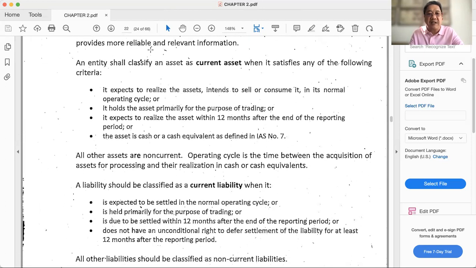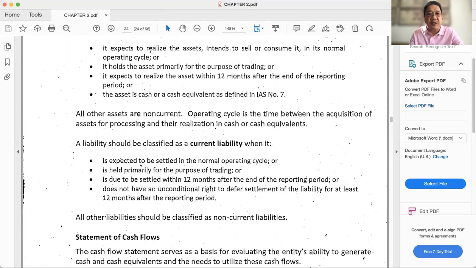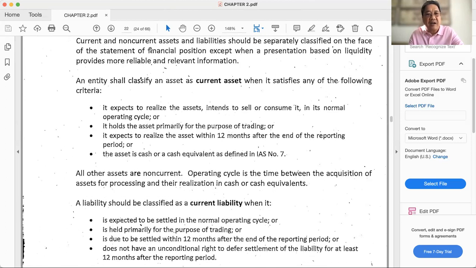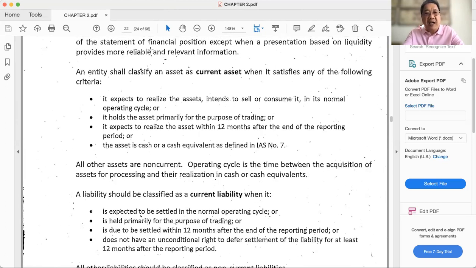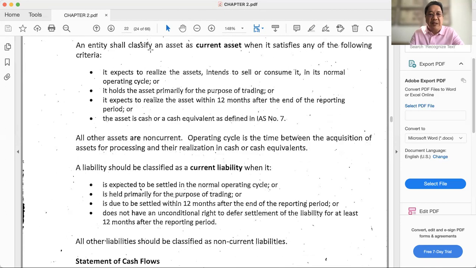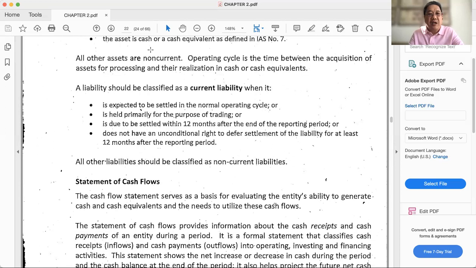What are current assets? What are current liabilities? Na-discuss ko na yung current assets, and current assets are those assets that can be realized into cash. Pwedeng maging cash or i-convert sa cash within 12 months or less. Current liabilities naman are those pagkakautang.